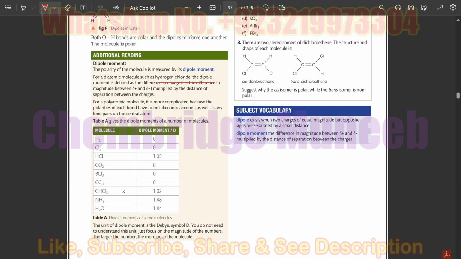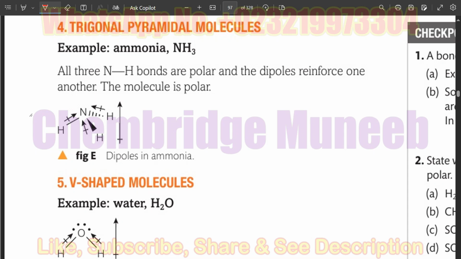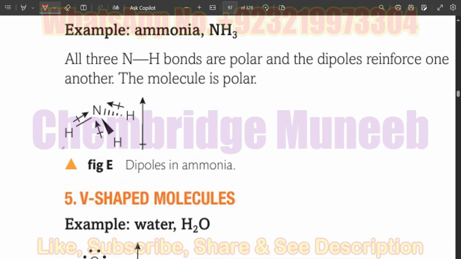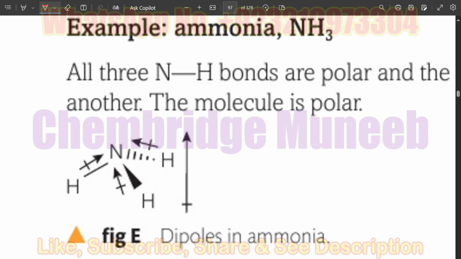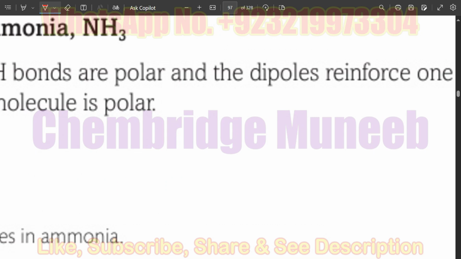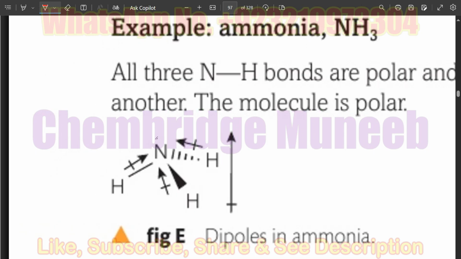I think I should complete this topic by also covering these two examples. Now about this structure, ammonia. In the case of ammonia, there is one lone pair. The lone pair has a very high negative area.